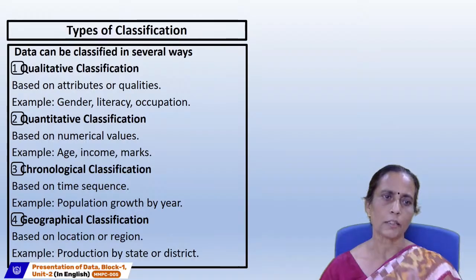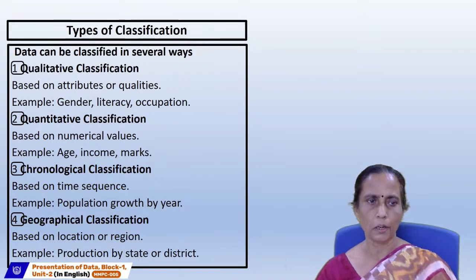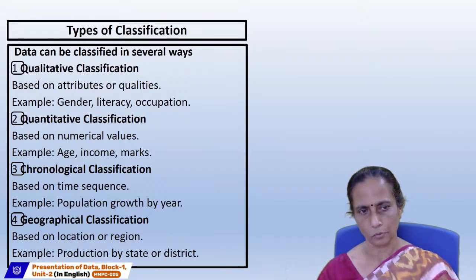Number two is quantitative classification. That means all those measures which can be expressed in numerical values, like your age, your income, the score in the exams, and so forth.